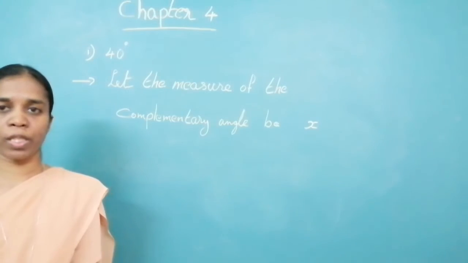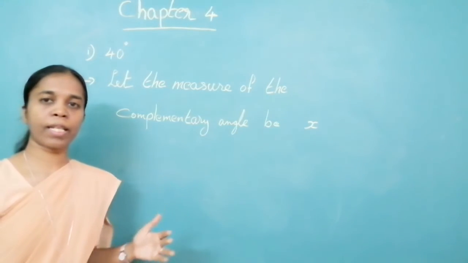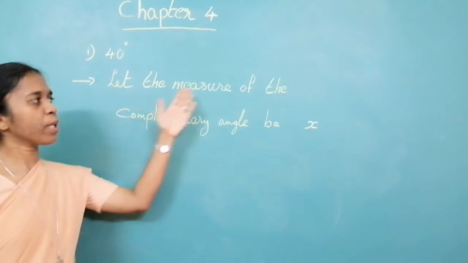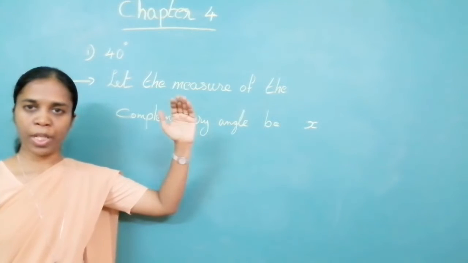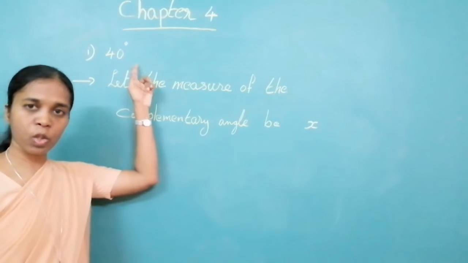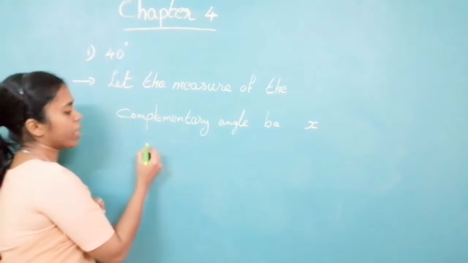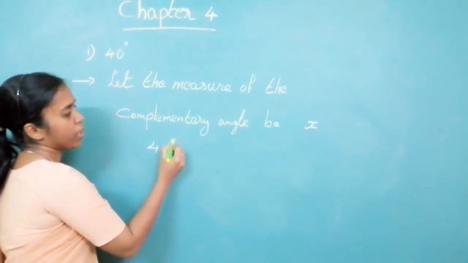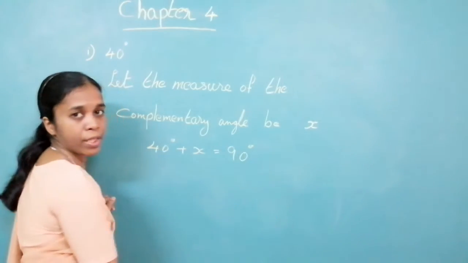How do we solve it? The first step, whichever is the complementary angle, we will consider it as a variable. So let the measure of the complementary angle be x. Now you are asked to find out the complementary angle. Complementary angle means the sum of the two angles gives you 90 degree. So the next step will be 40 degree plus x is equal to 90 degree.